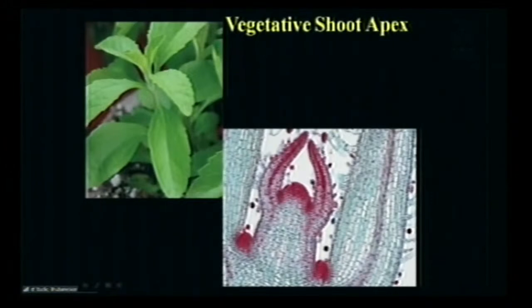You can find this dome-shaped structure here, which shows it is the tip of the stem, whereas these are the leaf primordia. These leaf primordia will divide and redivide, and they will give rise to leaves. So here we don't find any place where a flower will grow.